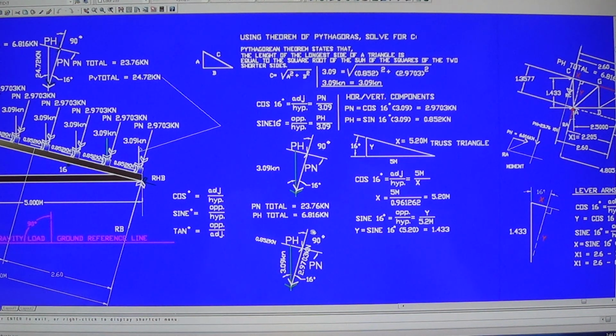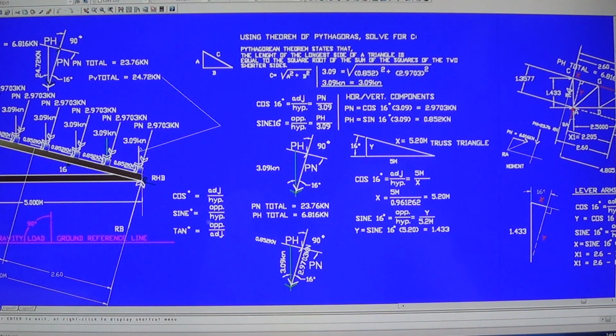Now we're looking for the Pn. The Pn is the load normal, perpendicular to the rafter, and the pH, the horizontal component of the gravity load, is parallel to the rafter.